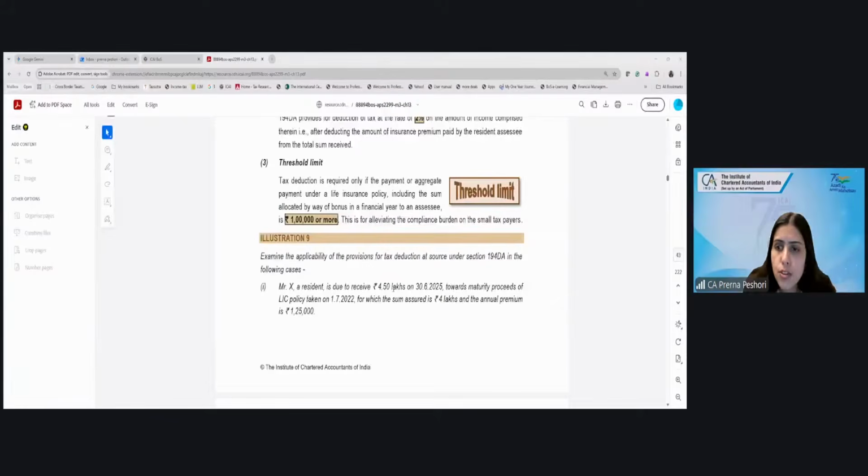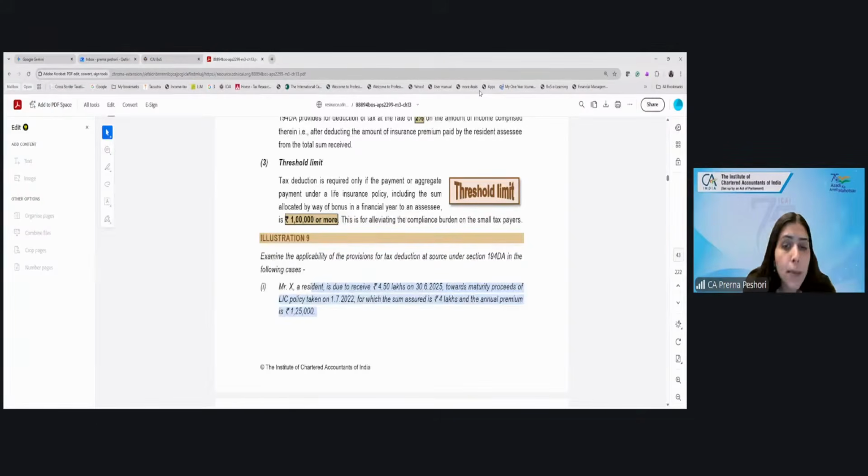Okay. So let us take an example over here. Let's say Mr. X is a resident, is due to receive 4.5 lakhs on 30th June 2025 towards the maturity proceeds of the LIC, for which the sum assured is 4 lakh and the annual premium is 1,25,000. Right? So in this particular case, first you need to see whether this is applicable or not, because if it is exempt under 10(10D), then there is no question of TDS.